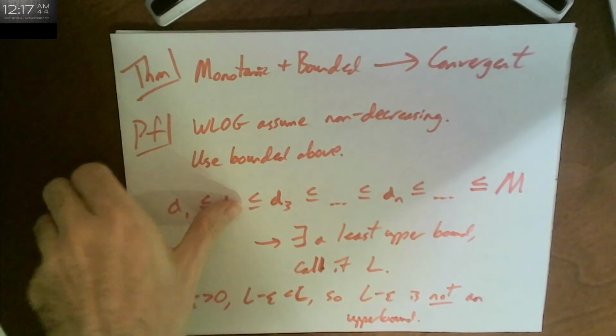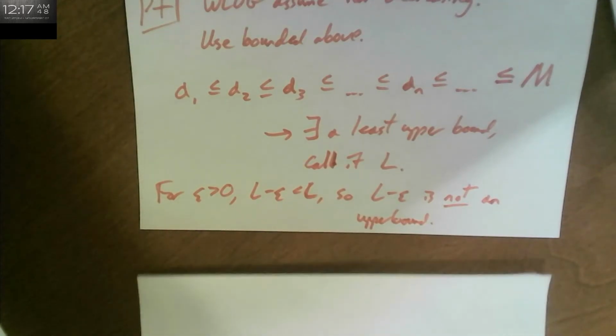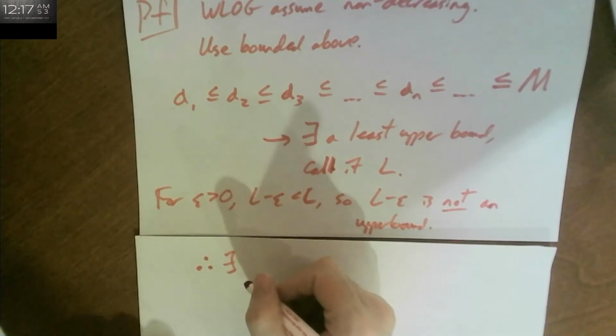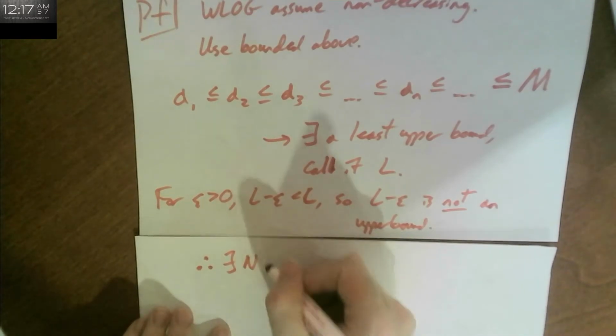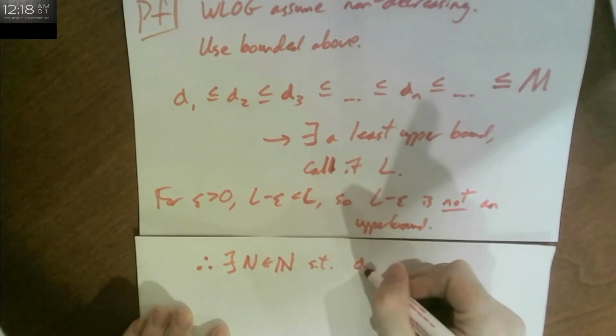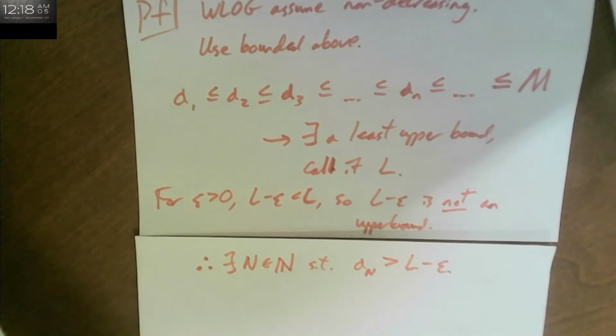Well, an upper bound means you're always bigger than every term. So to not be an upper bound, therefore, there exists some number, I don't know what, there exists some capital N in the naturals such that A sub capital N is bigger than L minus epsilon, right?